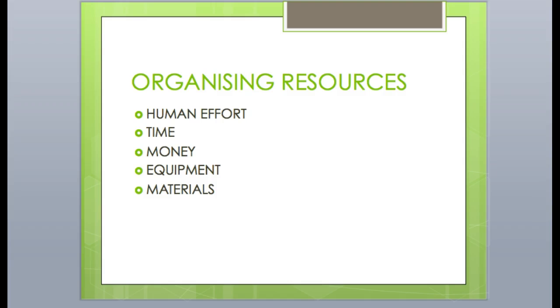How much money do we have to spend on machinery, on our goods, on our human resources? What sort of equipment do we need? Do we need machinery? And what sort of materials do we need? Do we need inputs into creating outputs?